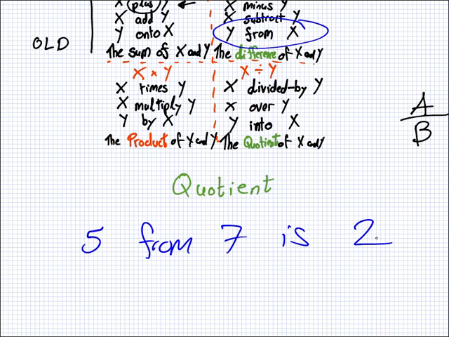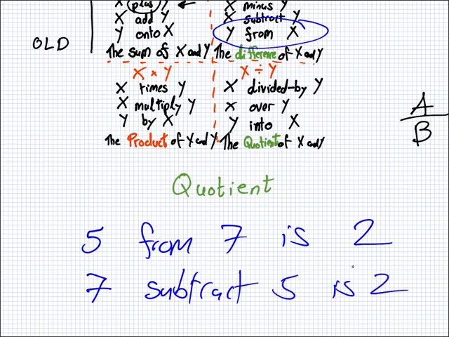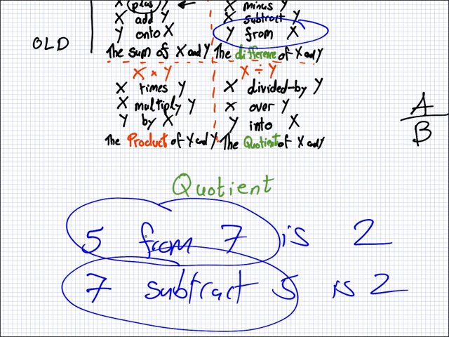Now, when I was a child, this confused me because when I was in school, the teacher would say something like 7 subtract 5 is 2. When I was a little boy, this confused me so much because my parents would say it like this, and the teacher would say it like this, and I was confused about where the number should be. Which is first, the 5 or the 7? So the reason for the difference is just age. Older speakers in Ireland and the UK would use the backwards style.